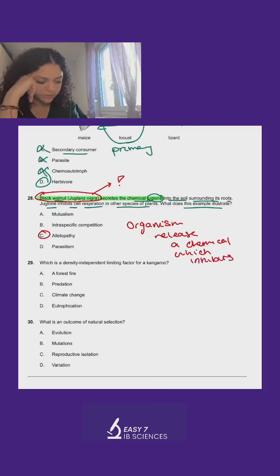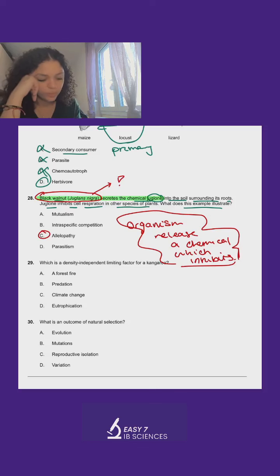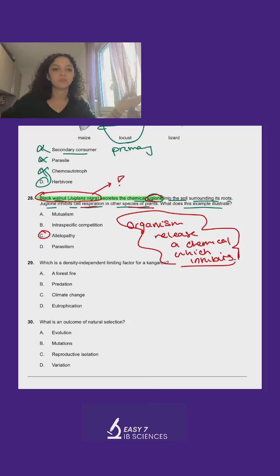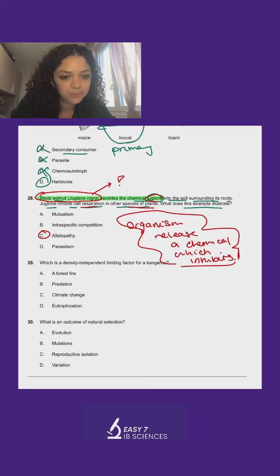That's the definition you need to know for your syllabus. The example we gave in the crash course is this black walnut tree. It secretes juglone into the soil surrounding its roots, and that inhibits cell respiration in other species of plants so that this specific tree can continue to grow. So it's a form of preventing competition, because these trees are huge and very big, so they need a lot of space. Does that help with the definition of why the answer has to be C?